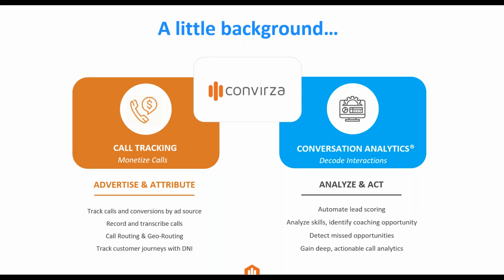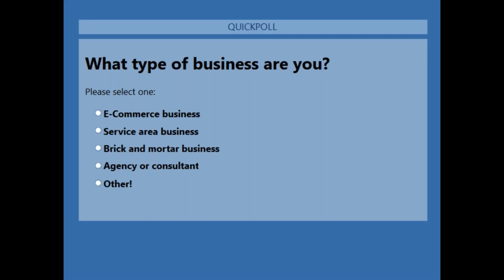We wanted to quickly do a poll to find out what type of business you are. I'm going to launch that, and we'll leave it up for about 30 seconds. Are you an e-commerce business, a service area business, brick and mortar, an agency or consultant, or something else?